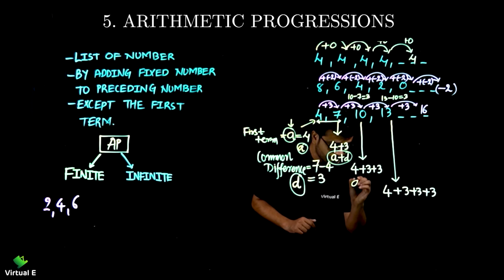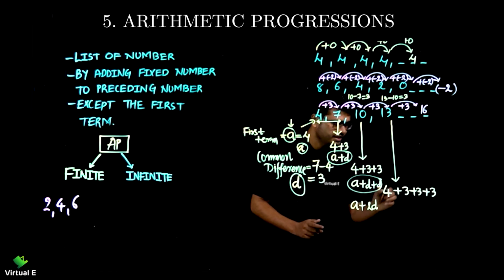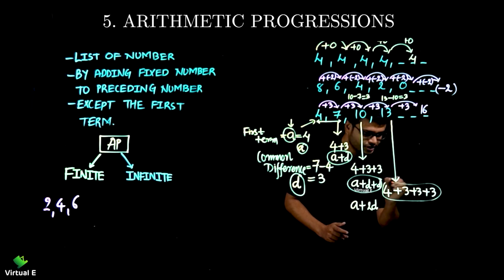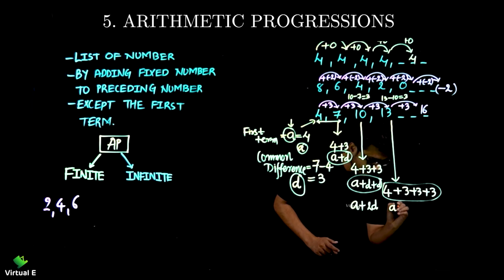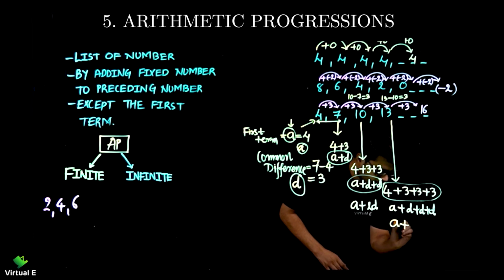Then here A plus D plus D. So instead of D plus D, I can write 2D. So A plus 2D. Then what about this fourth term, which is A plus D plus D plus D? So A plus 3D.